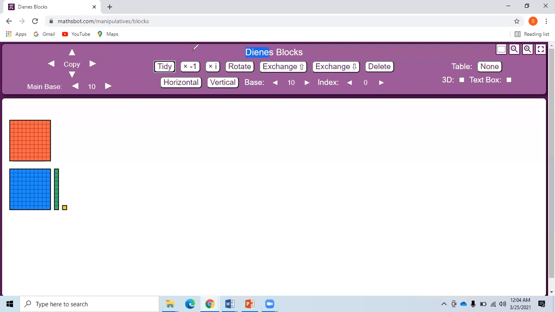And this time, we are going to look at 324 divided by 3. And writing it out as a long division problem, I have 3 into 324.